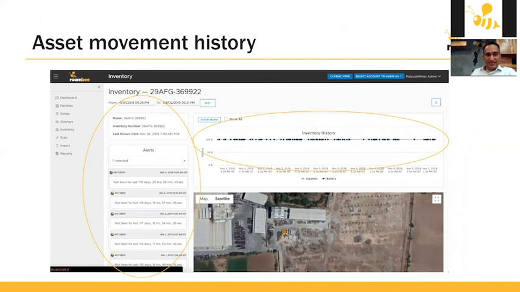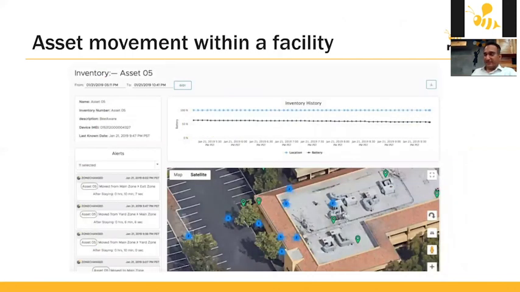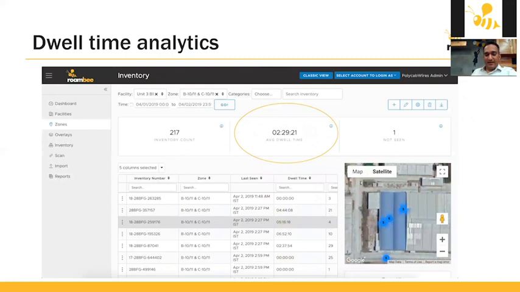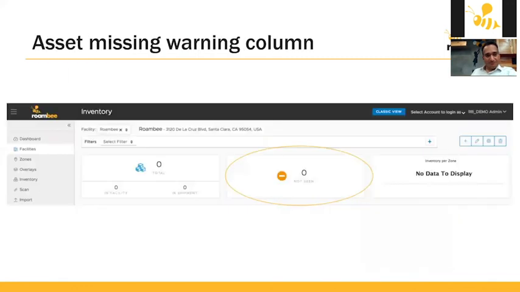Here you're looking at the asset movement history of a particular asset to see whether it performed the most efficient journey. You're also looking at the movement within the facility. So within the facility, once the truck came, did it get unloaded? Did it get put at the right place where it could get picked up, or was it mixed up with some other inventory? Right? Dwell time analytics.